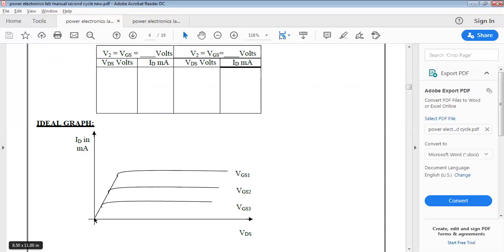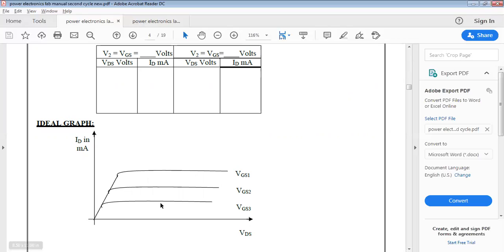So only between this region to this region, it's called the linear region, where we are interested in operating the MOSFET as a switch. Once the operating region enters this area, we are not interested in the operation of the MOSFET as a switch. Only this particular linear region is used for the MOSFET as a switch.